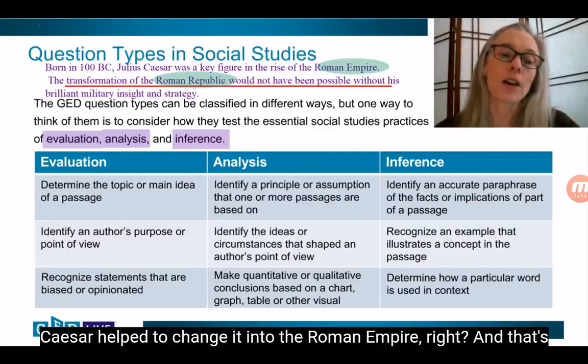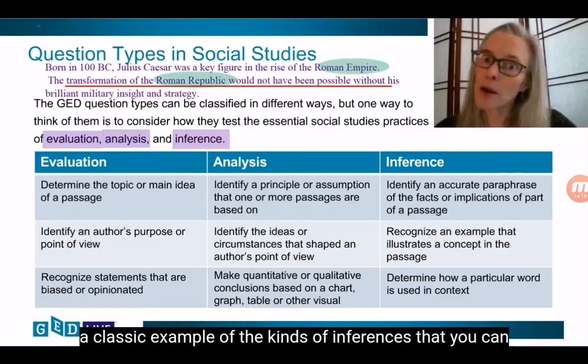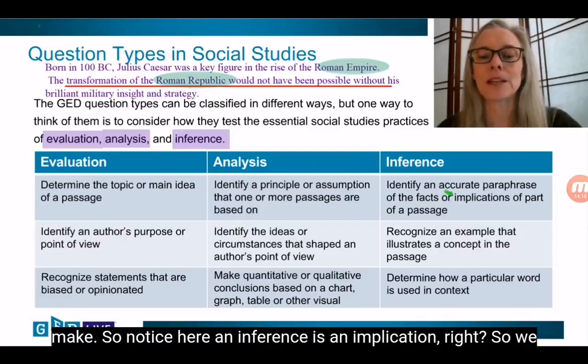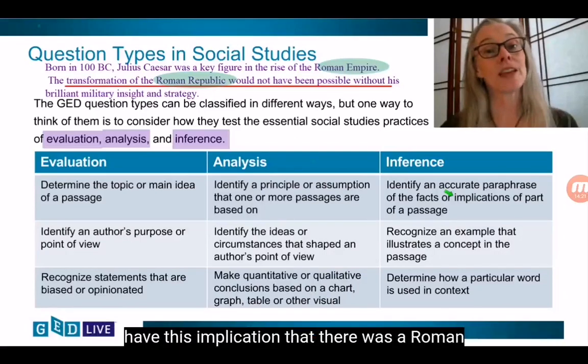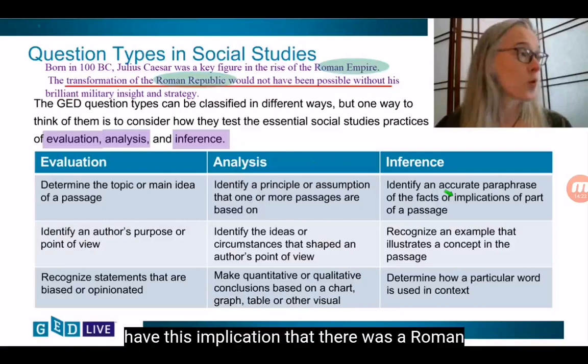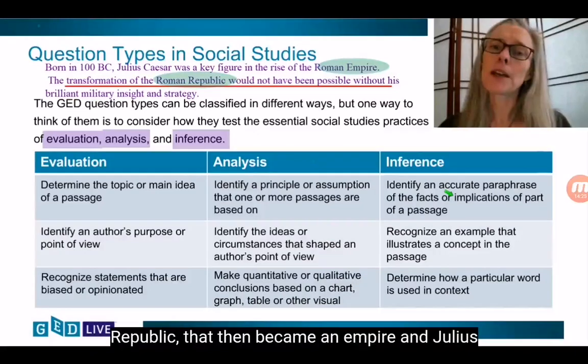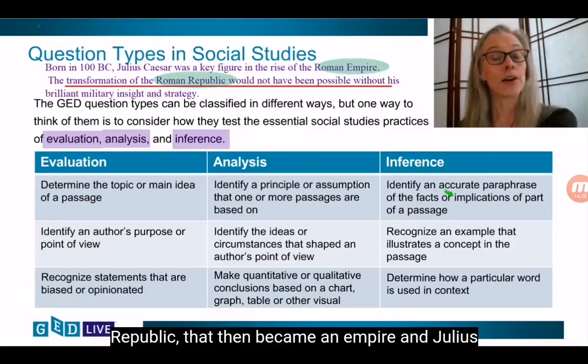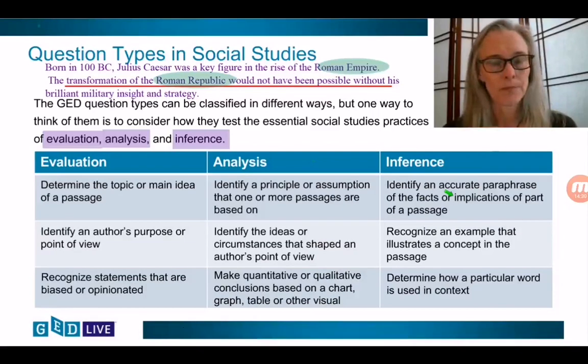And that's a classic example of the kinds of inferences that you can make. So notice here an inference is an implication, right? So we have this implication that there was a Roman Republic that then became an empire, and Julius Caesar was a big part of that.